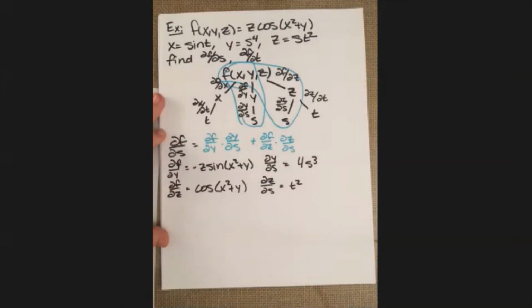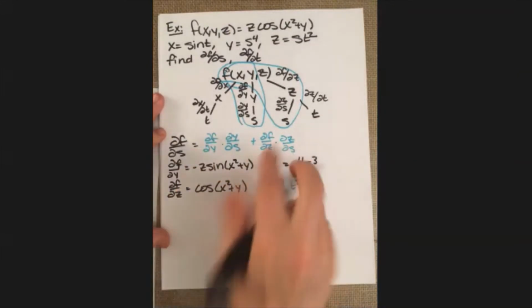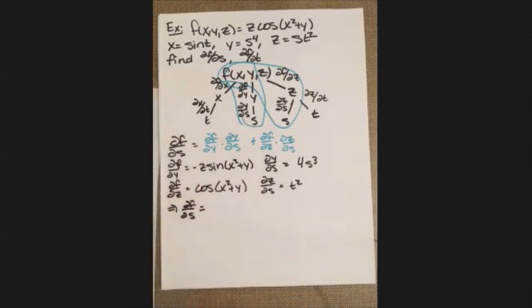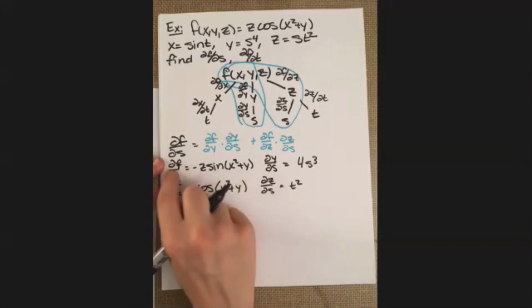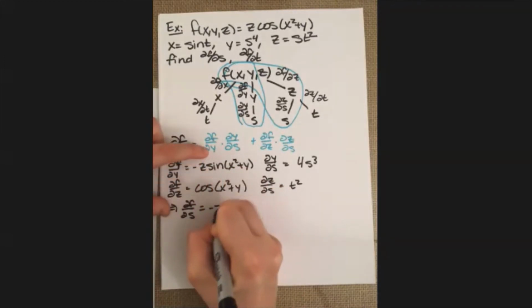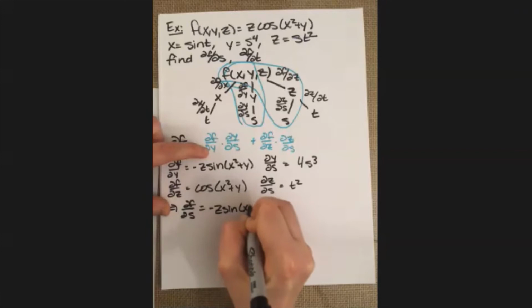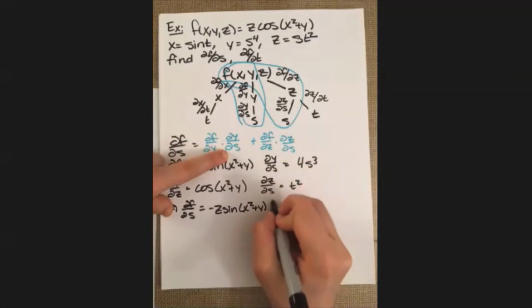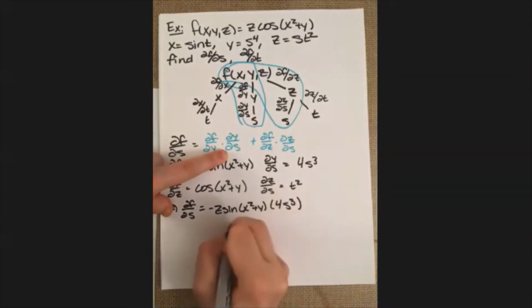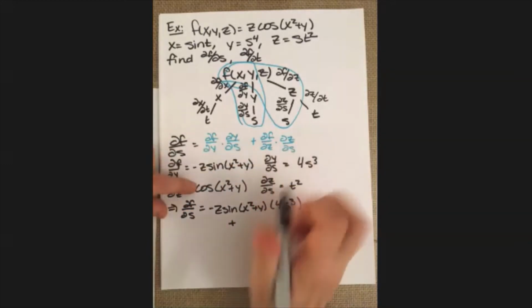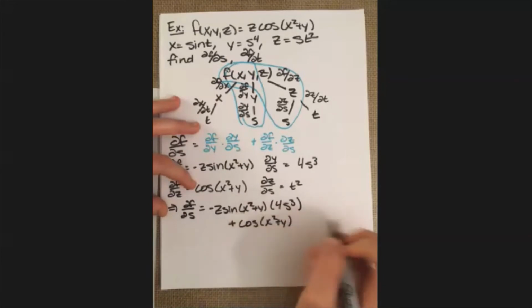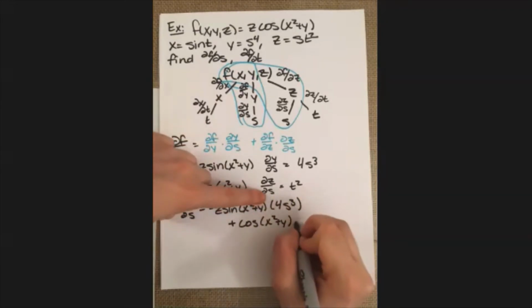Okay, so now at this point, all I got to do is plug these pieces back into here. So partial of f with respect to s, that's going to give me negative z sine of x squared plus y, and then times partial of y with respect to s, 4s cubed, and then I'm adding to it this next piece here, cosine of x squared plus y, and then times t squared.